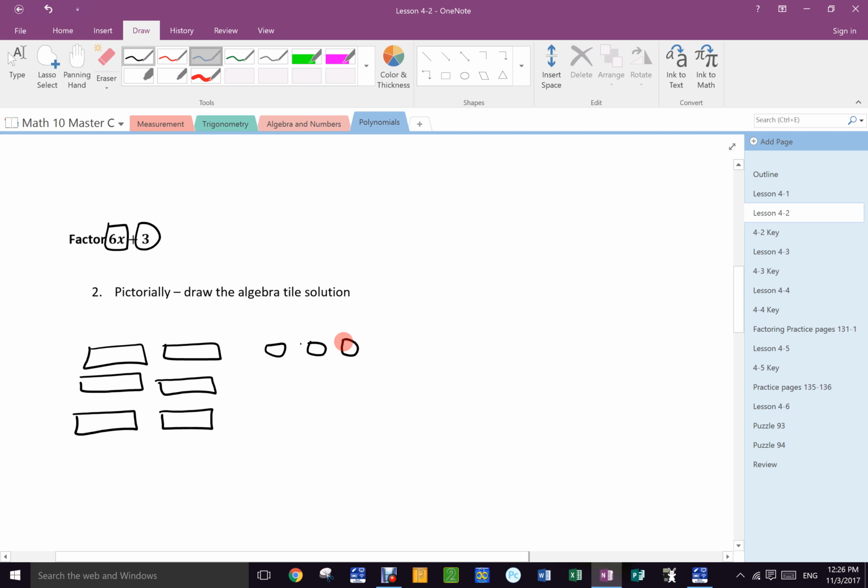Now, if this is something to be factored, then this must be what? A product or factors? A product, which means I must be splitting this up into its pieces, yes? What are the ways I could divide 6?